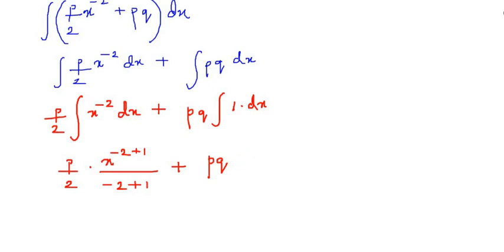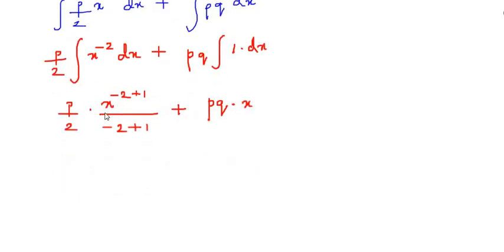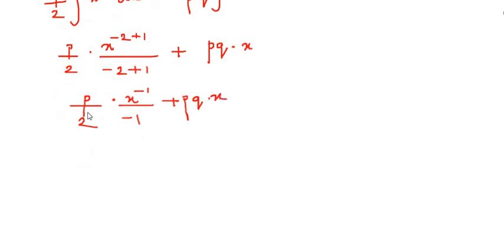So we write x. Let us simplify this term. We get p over 2 times x to the power of negative 1 over negative 1, plus pq times x. Further, taking negative 1 times 2, it becomes negative p over 2 times x to the power of negative 1, plus pq times x.